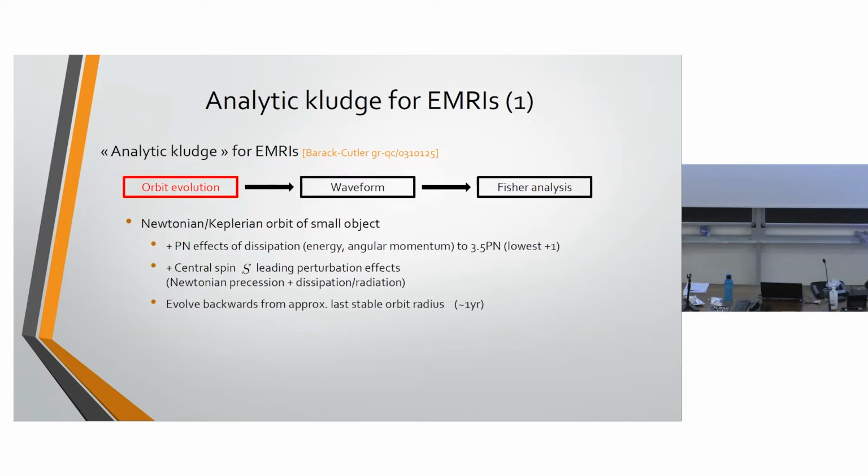People in the know will know that this is a very rough thing to do, not a very precise way to parameterize your waveform, so you can't hope to get very exact results out of this. That's also not what we want, right? We don't want exact results, like I expect to find exactly 1.256 or whatever. No, I want an order of magnitude estimate for how well I detect this.